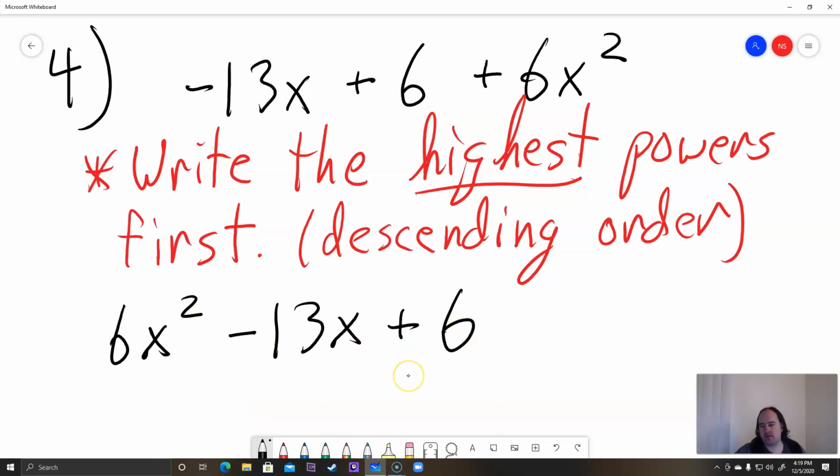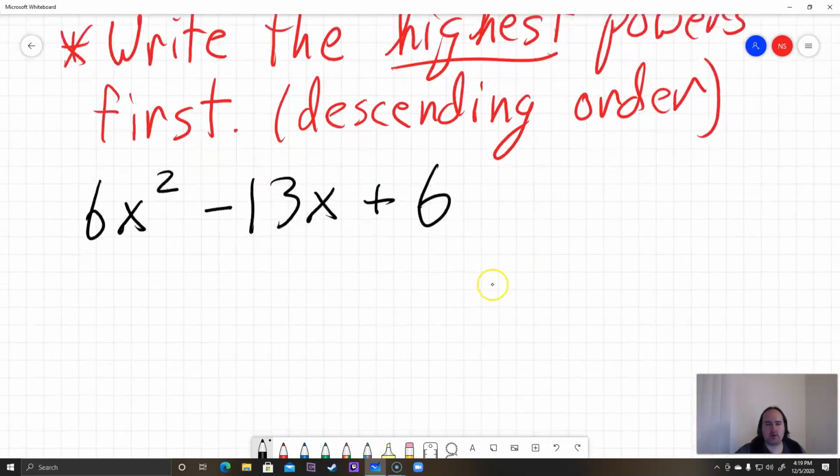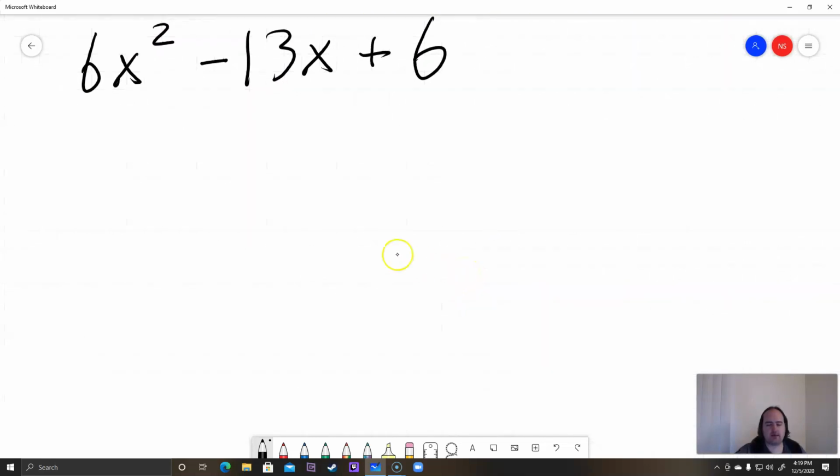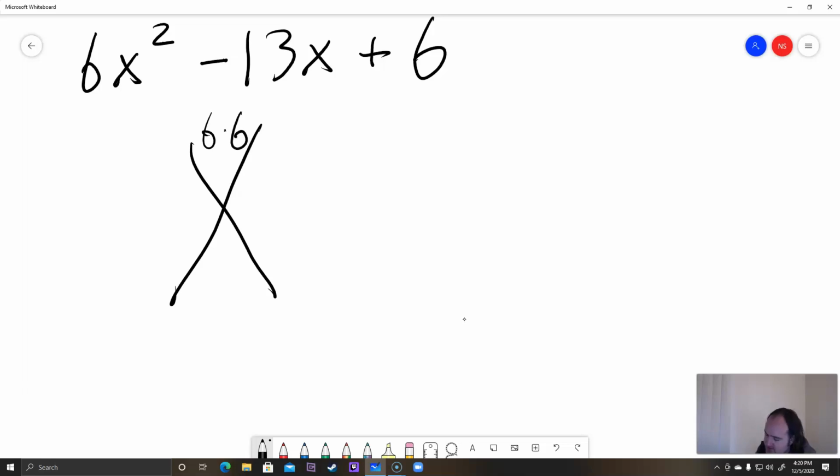Okay, but that was the main trick with this problem. The rest of the problem is pretty similar to the other problems we've been dealing with. So once again, using the x method, we want two numbers that multiply to a times c, so that's going to be 6 times 6, and then they add to b, which is going to be negative 13. And we all know that 6 times 6 is 36.